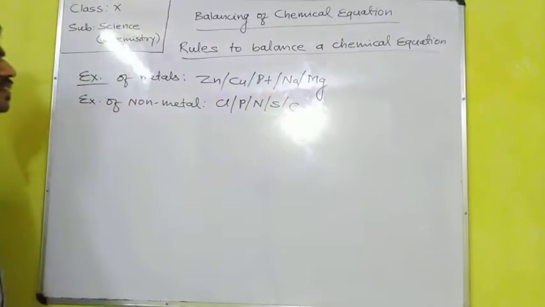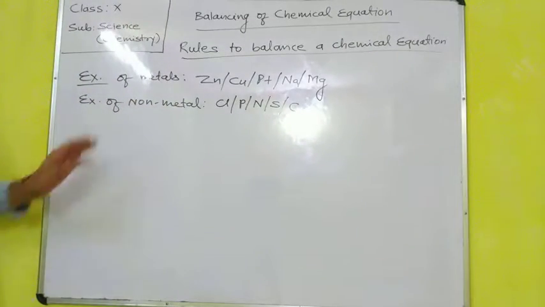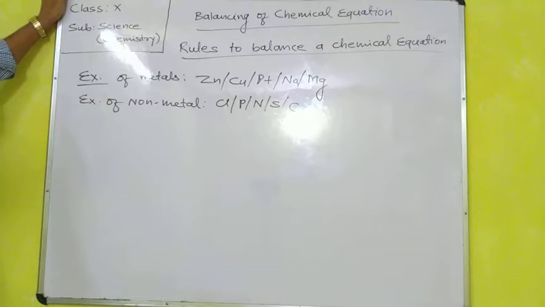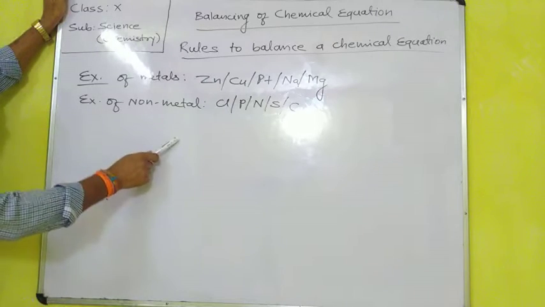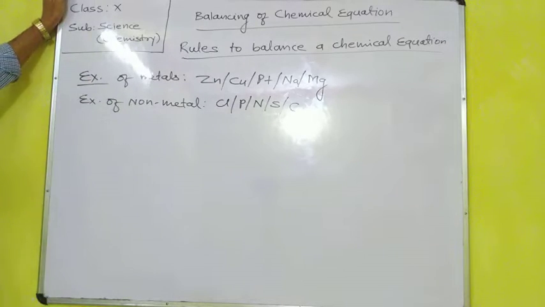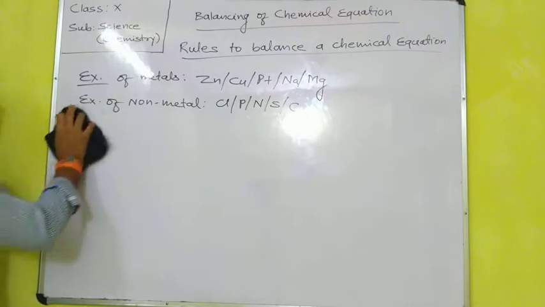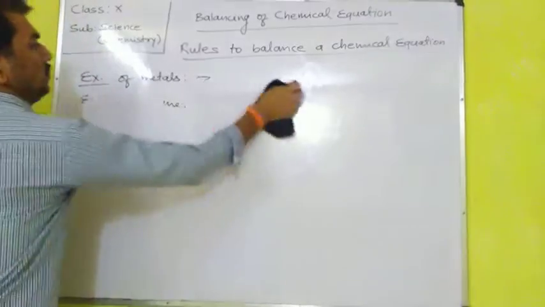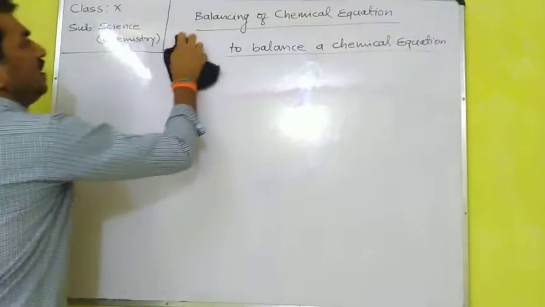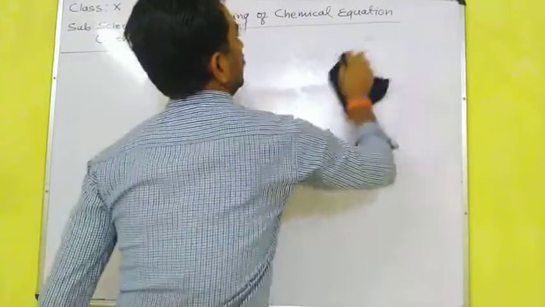So many non-metals are there. After the balancing of metals, we start the balancing of this type of element, non-metals. In the next step, oxygen. Next step, hydrogen. So these are the methods or rules by which we have to balance a chemical reaction.